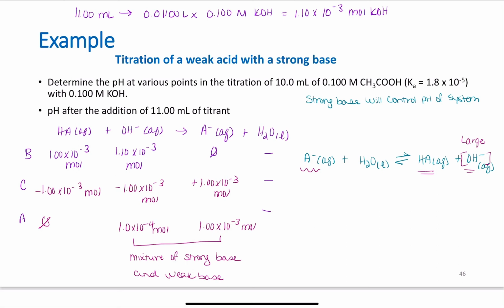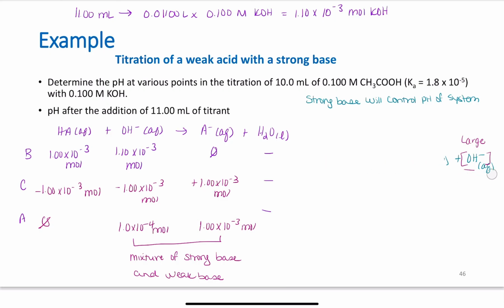Remember, weak bases want to take protons, but they'll take them sometimes, and other times they'll give them back. Strong bases always want the protons. So the pH of this entire system is actually controlled by that strong base. Very, very little, if any, of this A- is going to be able to take any protons because those strong bases are picking up all the protons in solution.